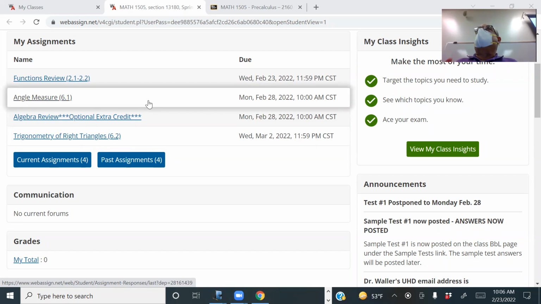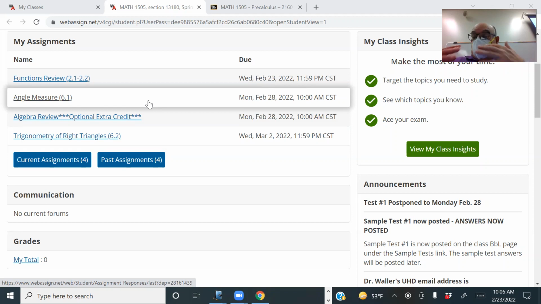Now, one thing I keep forgetting to say, but remember this. Of course, you want to pass the test for the sake of your ultimate letter grade at the end of the semester. But beyond that, for you guys who have been attending online, you need to pass the test, because if you don't, you cannot continue online. You'll have to come to class. That's the rule that was in the syllabus. This is really not an online class.